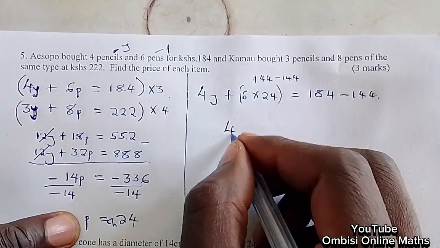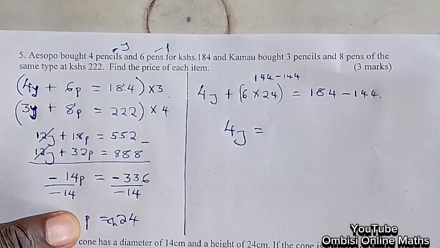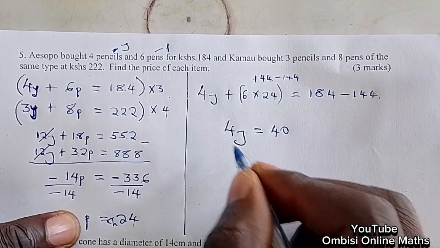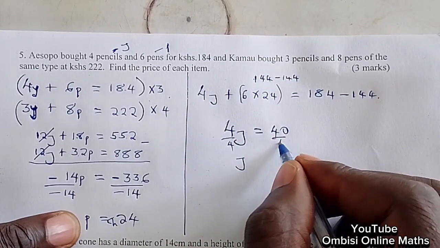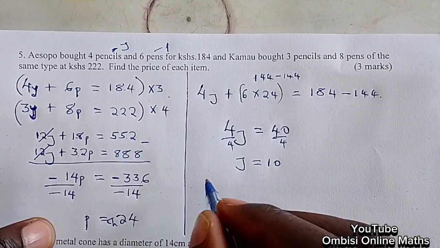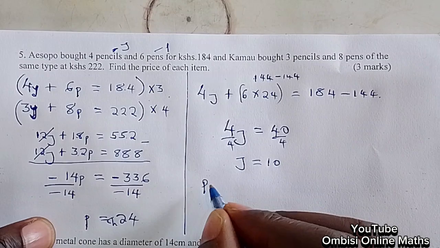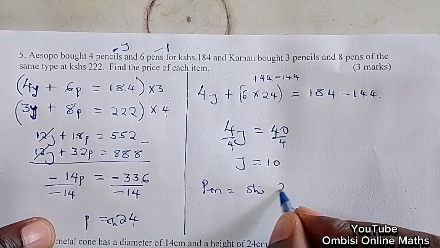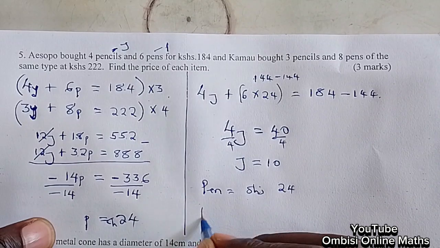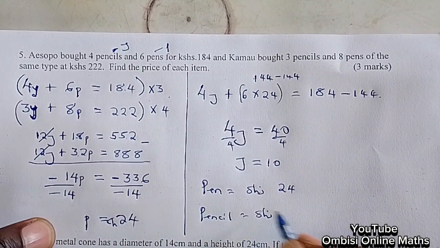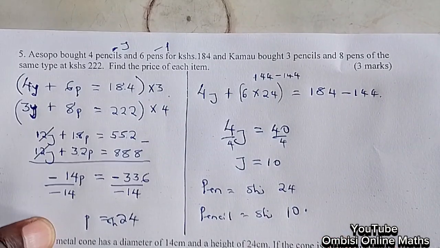And you find that 4y is equal to 40. Then divide by 4, y equals to 10. So basically, the price of a pen was costing 24 shillings, and the price of a pencil was costing 10 shillings.